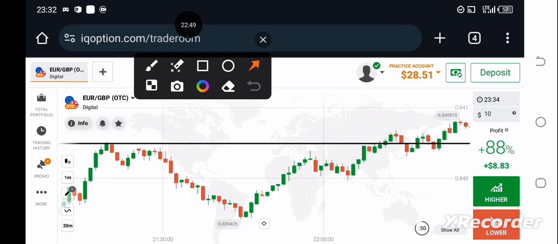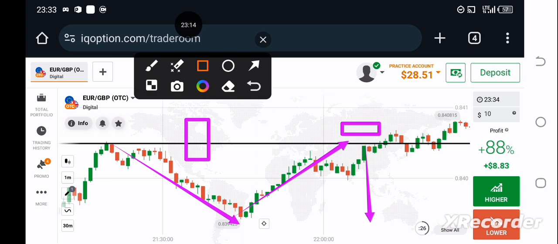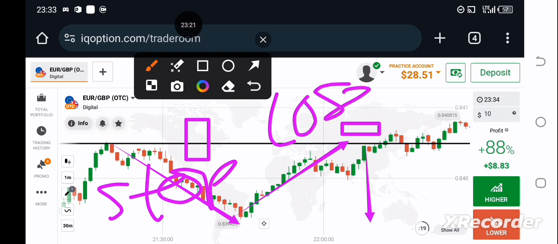If the market is going up, you are expecting it to hit this level and go down, so you sell. Should you be wrong, that is why you put what we call a stop loss around here. You put a stop loss.